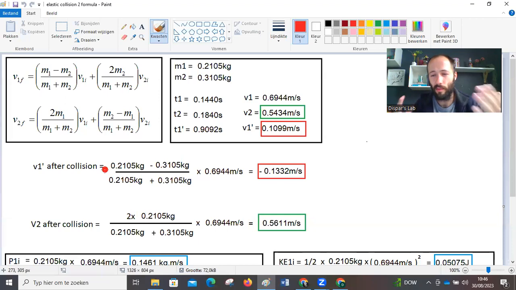I have calculated everything beforehand. That turns out to be minus, since it goes in the opposite direction, minus 0.1332 meters per second. This is the theoretical prediction, and the actual experimental result is 0.1099, which is close to 0.11. So we have 0.11 versus 0.13, a little bit more than 2 off.